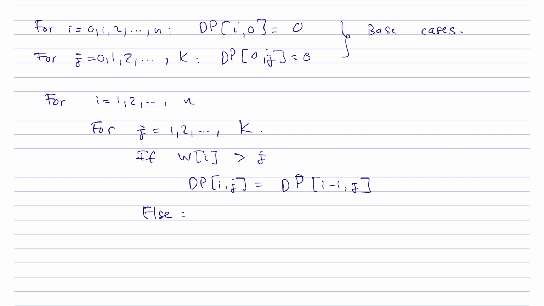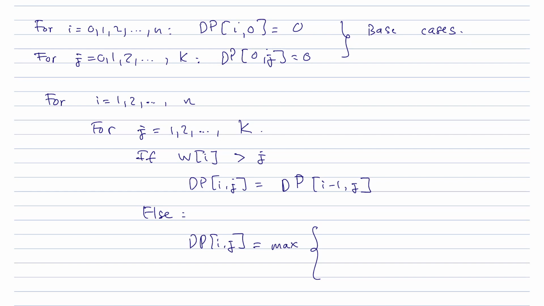Right? So dp[i][j] is the following, right?